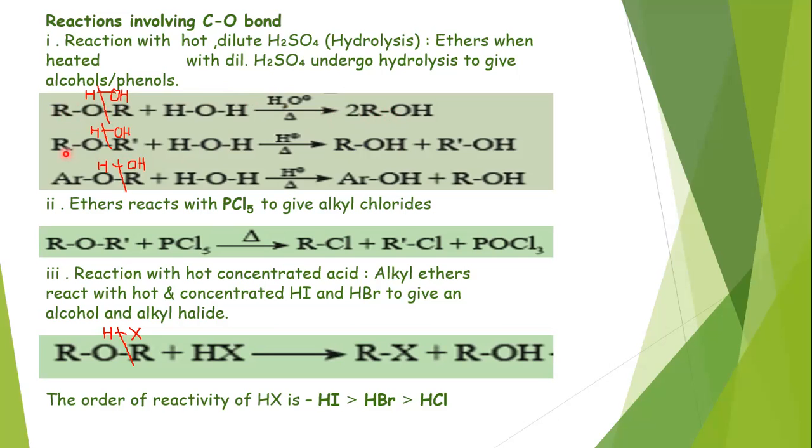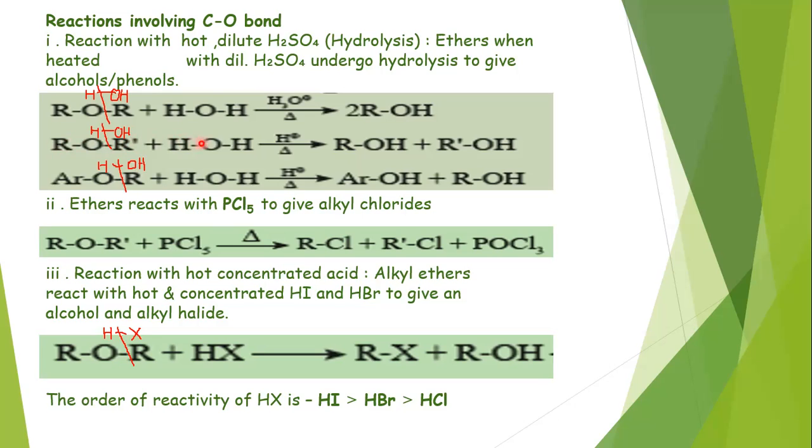So we are getting two molecules of similar alcohol. In this second example, the ether is ROR dash, a mixed ether, because this is R and this is R dash. They are not similar.